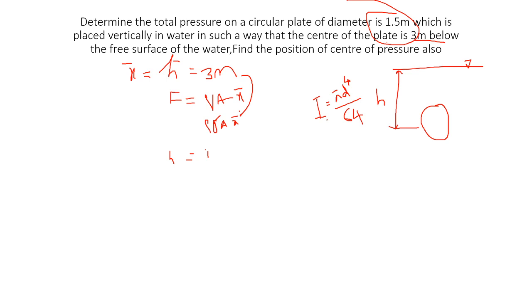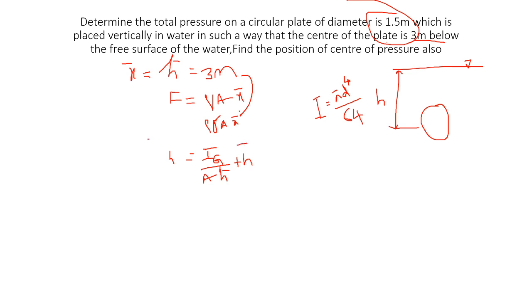Then finally you get the H. H equal to Ig by A into h bar, for a vertical plate, where area is pi d square by 4, and h bar is 3 meters, plus again h bar.